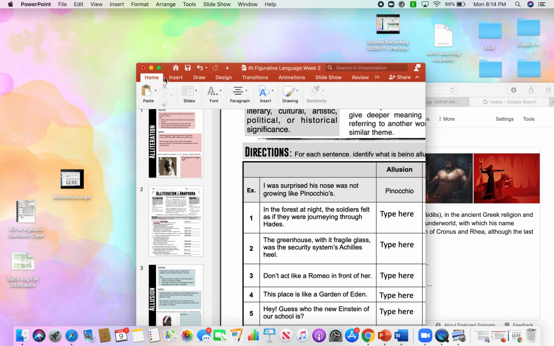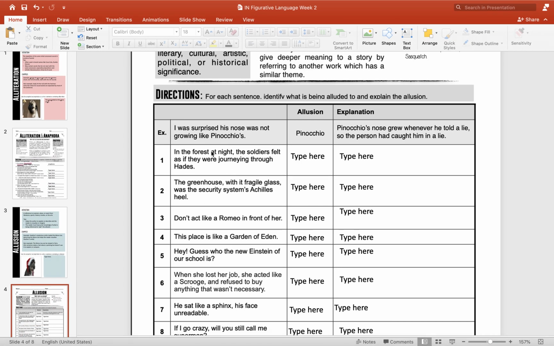So let's go back to here. Again, in the forest at night, the soldiers felt as if they were journeying through Hades. Maybe it would be a better sentence if it said journeying through Hades' lair or something like that. Because you can't go through Hades, you can go through the underworld. So the allusion would be Hades.